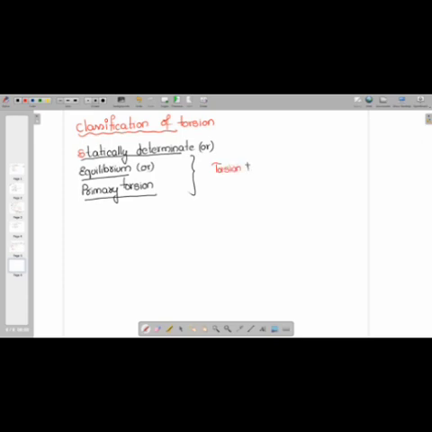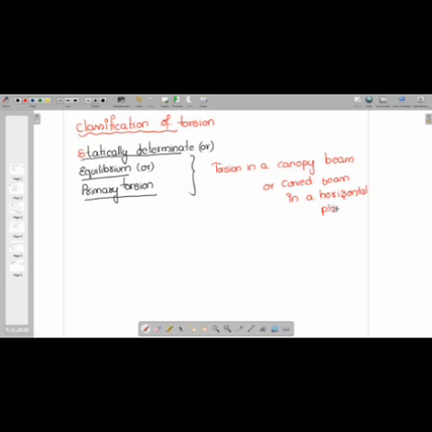Torsion in a canopy beam, which I have shown you, an L beam, or a curved beam in a horizontal plane, is the best example of statically determinate or equilibrium, or you can say primary torsion.